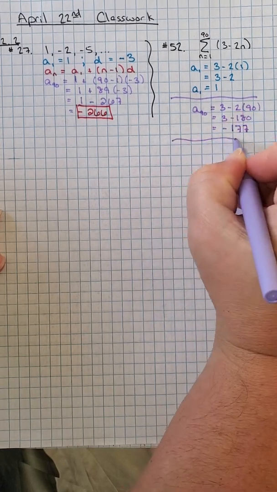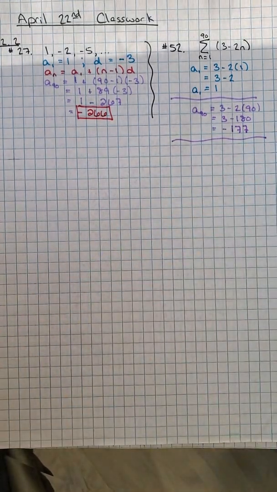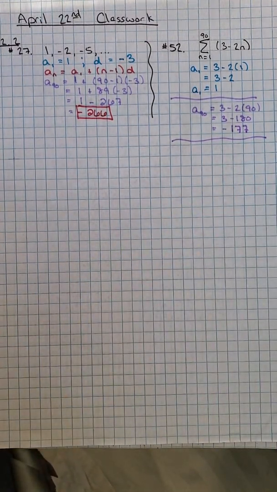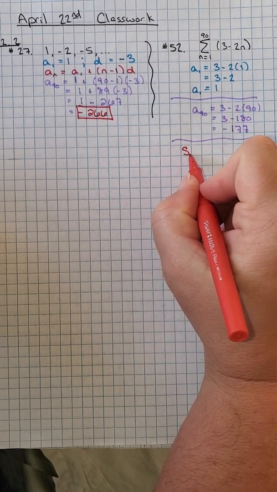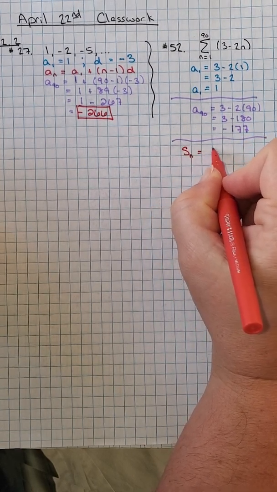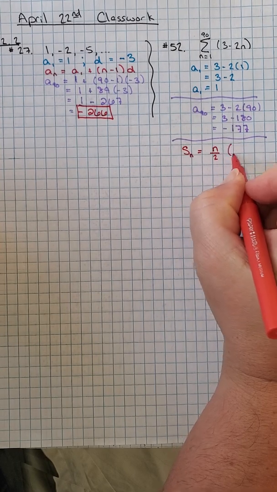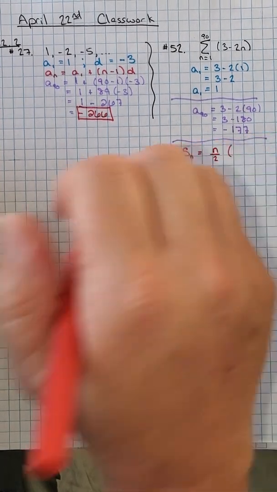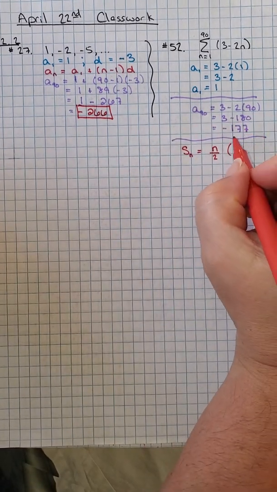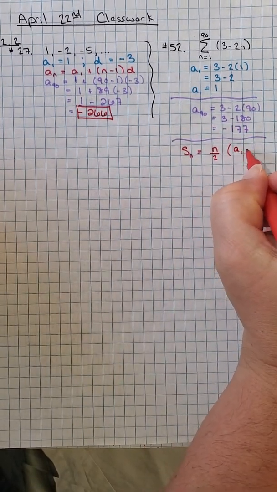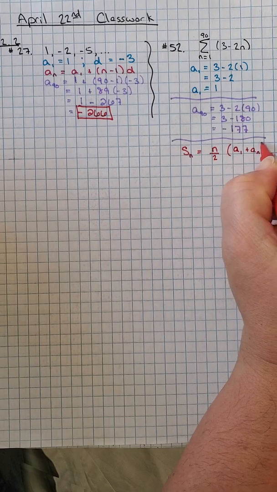All right, so now we are ready to plug it into the sum formula. So our sum formula, the sum of the first n terms, is n divided by 2, and then our a sub 1 plus our a sub n.